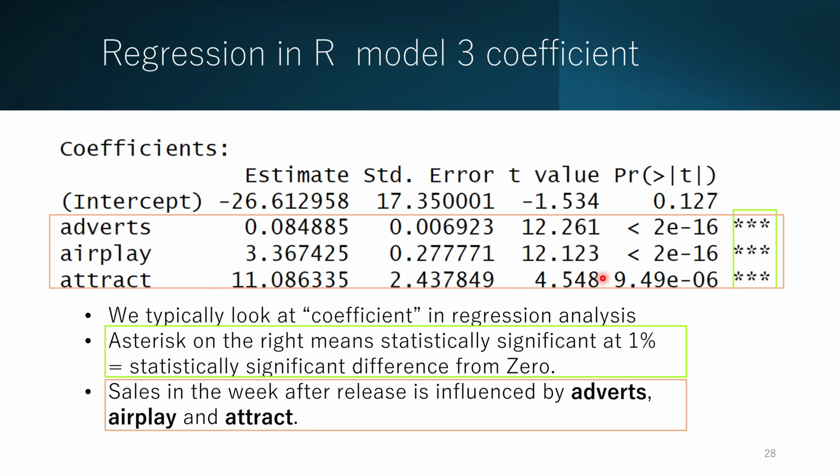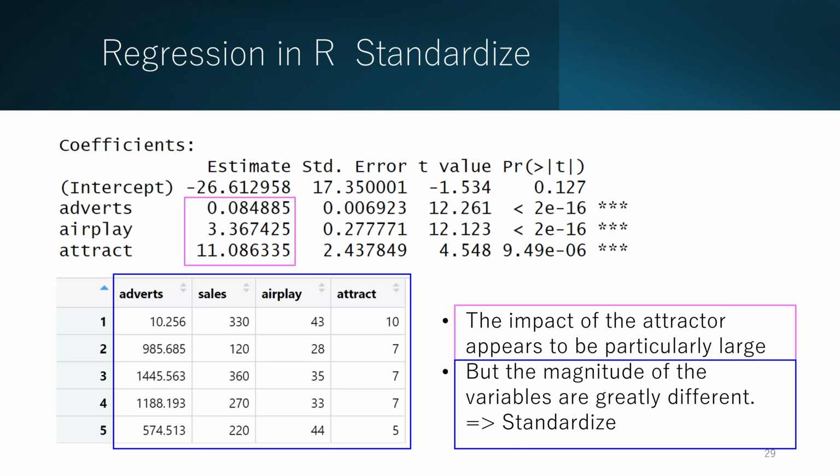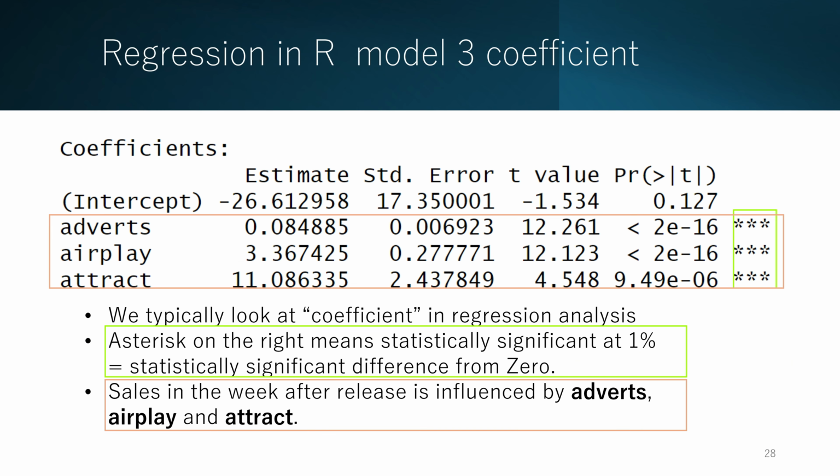In this case, adverts, airplay and attract are all statistically significant at the 0.1% level. And this is the result: sales in the week after release is influenced by adverts, airplay, and attract.